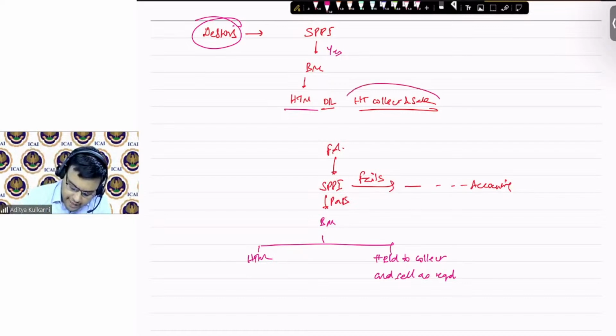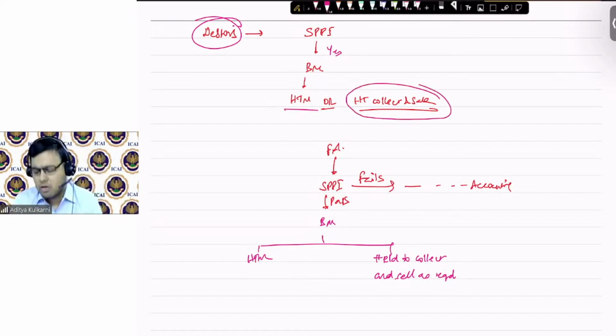But do I have holding for collection as well as sale possible? Definitely. Suppose I have a portfolio of trade receivables where I am seated, I have my office, my plant situated in, let us assume in Delhi, and the plant is in a very remote location somewhere down south. Let us assume you have a plant in Salem.